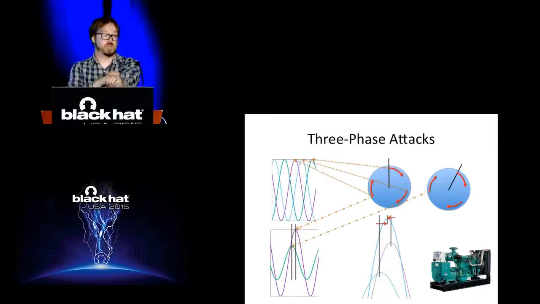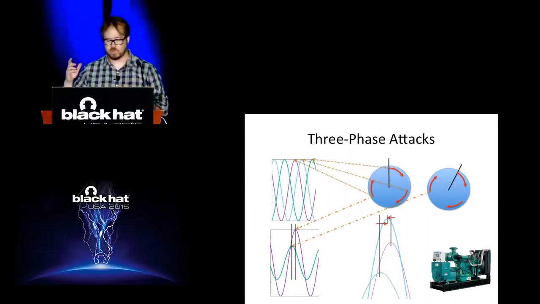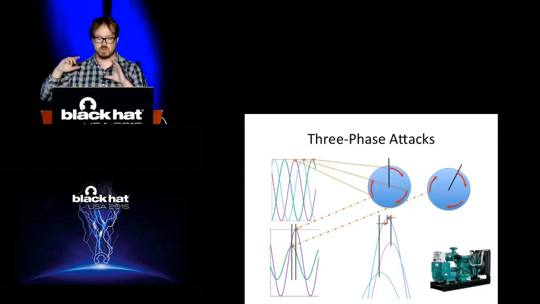Okay, and so then the last one that I'm going to run over real quick before we end is three-phase attacks. A lot of times in industrial processes, you have motors and pumps that are going in three-phase, and they're sitting and going around. But if you bring in a motor out of phase, then there's actually a torque to bring them both into phase.